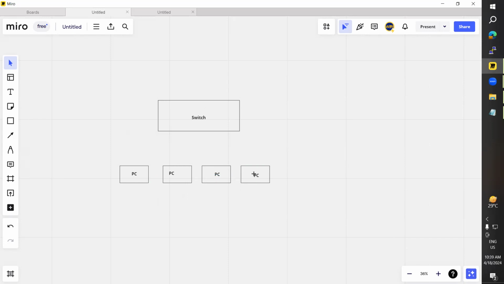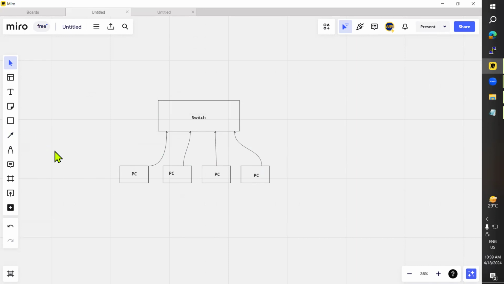The switch forms the network. This PC is connected to the switch. This is the network. So the interconnection of two or more devices is called a network.